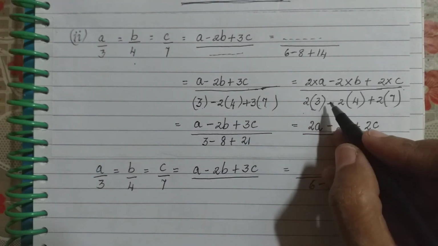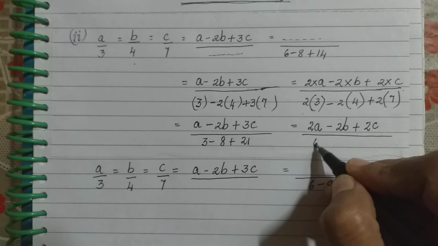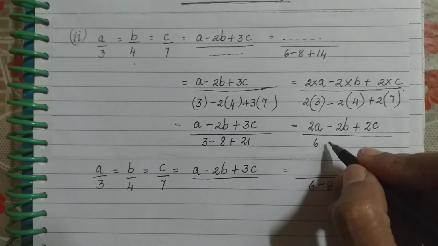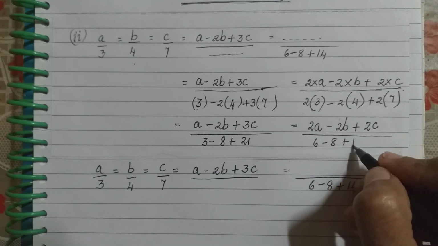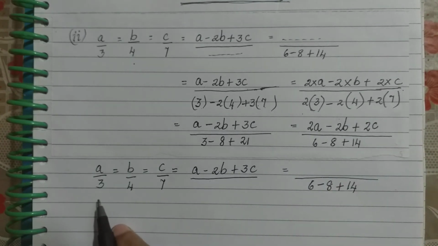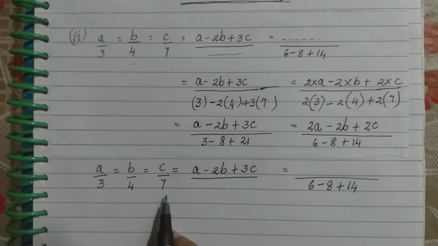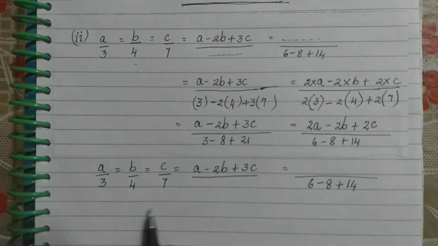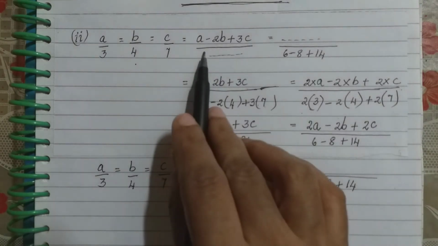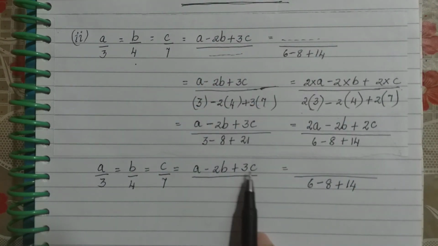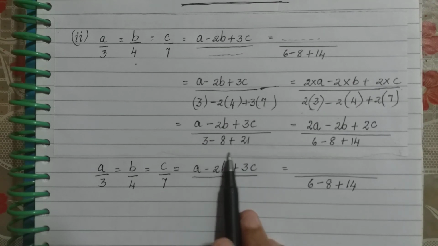Now here 2 into 3 we have as 6 minus 2 into 4 that is 8 plus 2 into 7 that is 14. So now in the last step we again write the ratios which were already known. A upon 3 equal to B upon 4 equal to C upon 7 is equal to A minus 2B plus 3C. Now this I have to simplify.